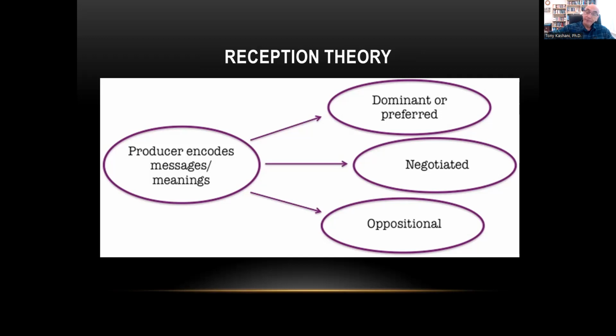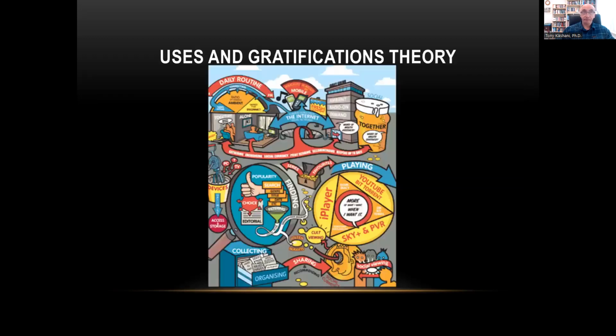Now, let's talk about another big one, uses and gratifications theory. It's quite complex. Uses and gratifications theory is a communication theory that focuses on the active role of media audiences in selecting, using, and interpreting media content to fulfill specific needs and desires.